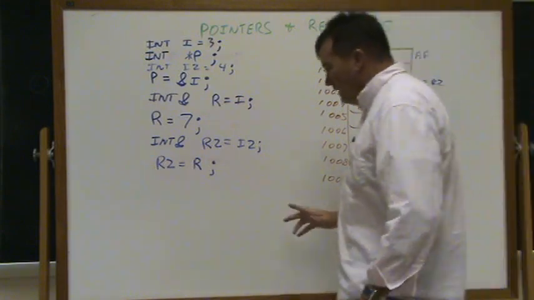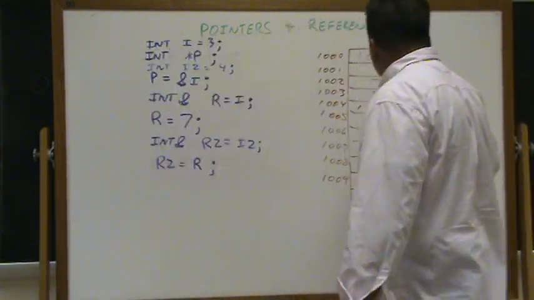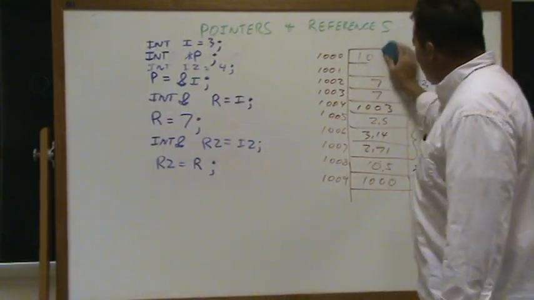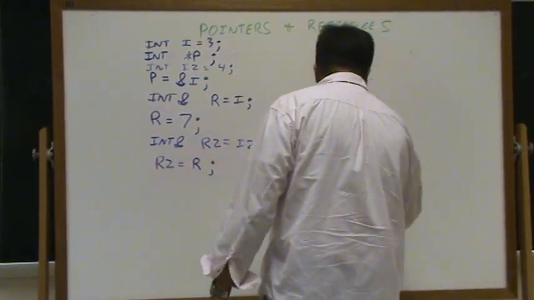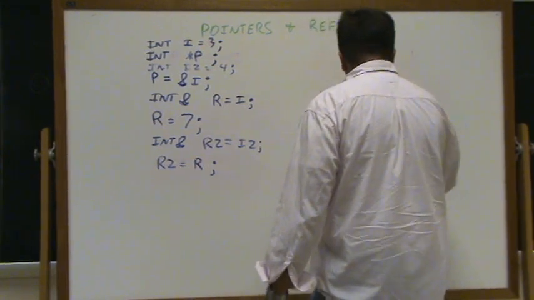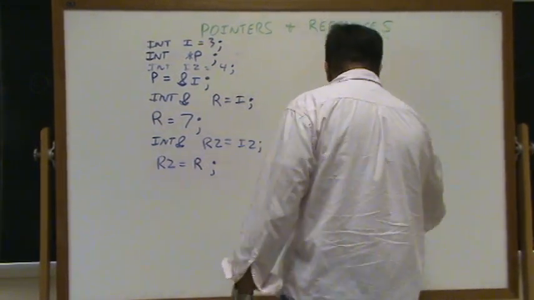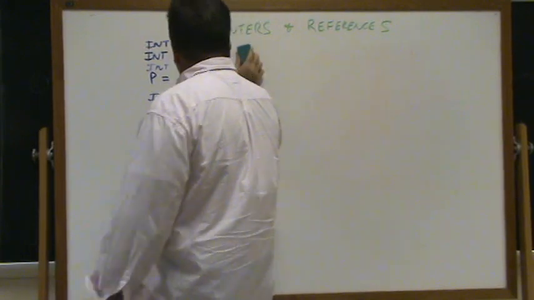Okay, so now, let me erase the storage. What would happen if we had a function like swap? Suppose we wrote a function that'll take two objects of any type and swap them.